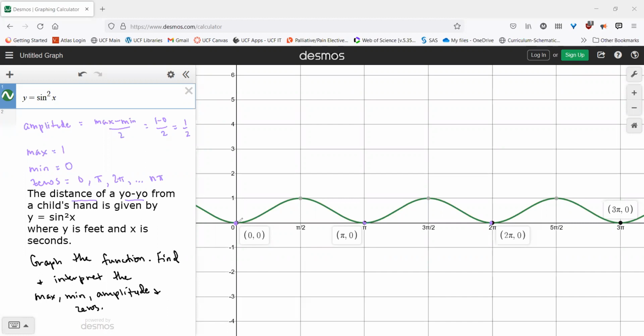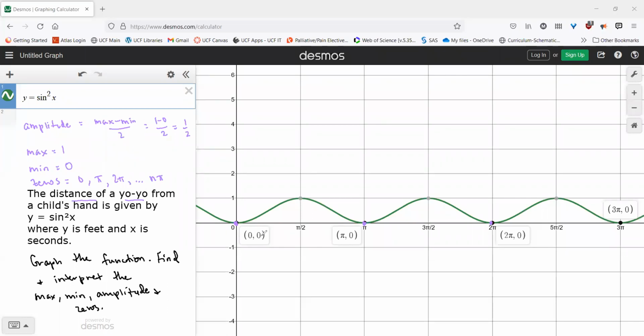What's happening here is at time 0, the yo-yo is 0 feet from the child's hand. Then the yo-yo moves away, and then the yo-yo comes back. At pi, the distance is 0 again.